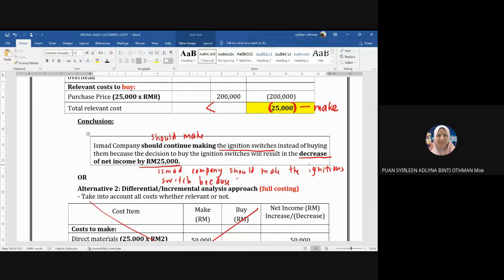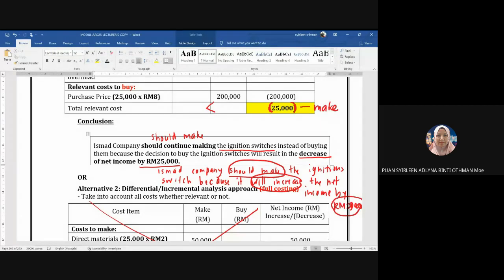Because it will increase the net income by how much? Kena sebut by RM25,000 ringgit. Okay, so dalam jawapan kamu mesti ada decision which is make or buy. Okay, kenapa dia akan increase by how much?